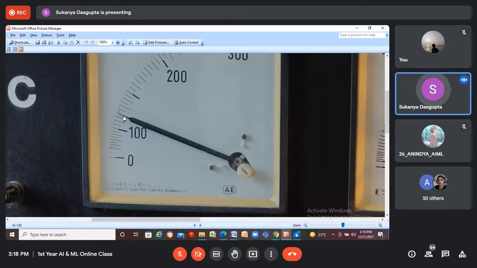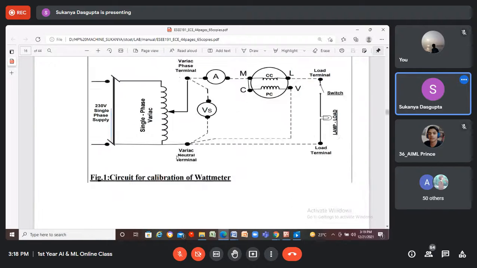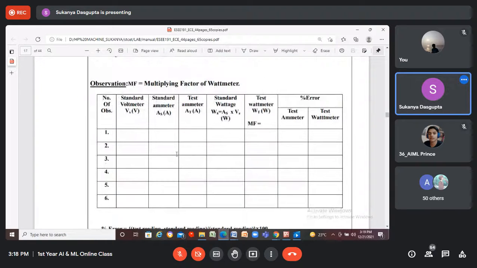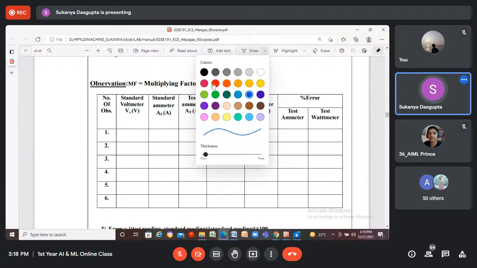So 100, I think it is 120. 120, 130, 140, because this one is the middle one, 150. So this is 110. So in your data table, first you will write here 120.